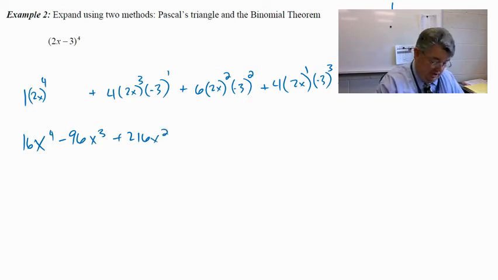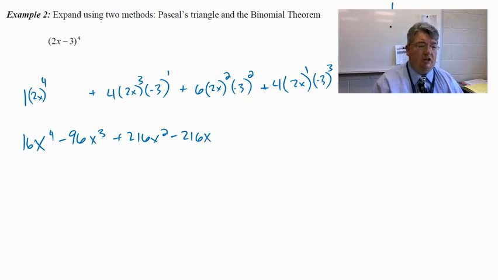Positive 4 times 2 to the first times a negative 3 in parentheses cubed gives me negative 216. That's interesting. It's the same thing, but it's going to be x. Yeah. And then positive 1 times negative 3 to the fourth, negative 3 to the fourth is going to be, typed it in, a positive 81.